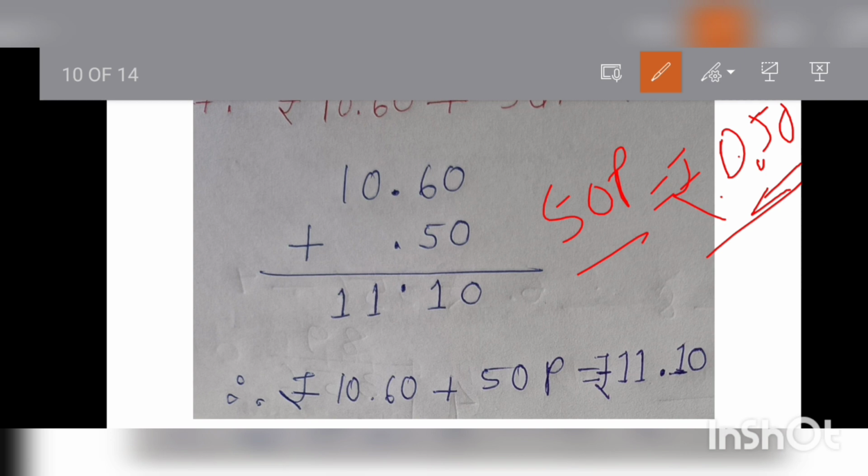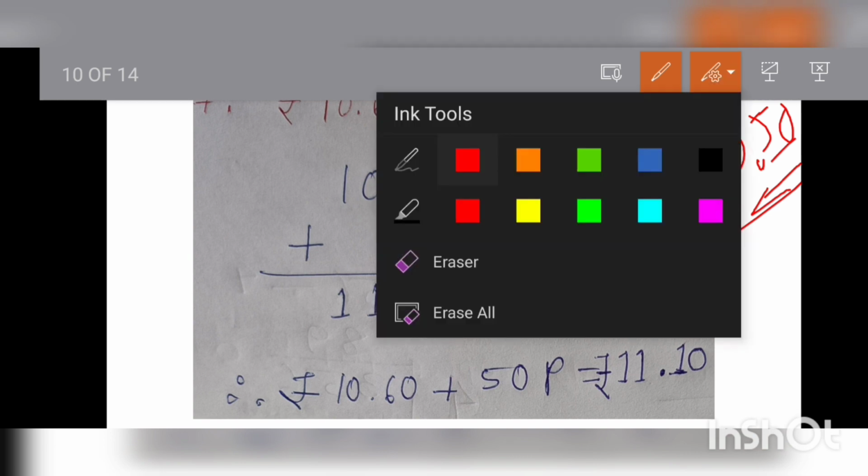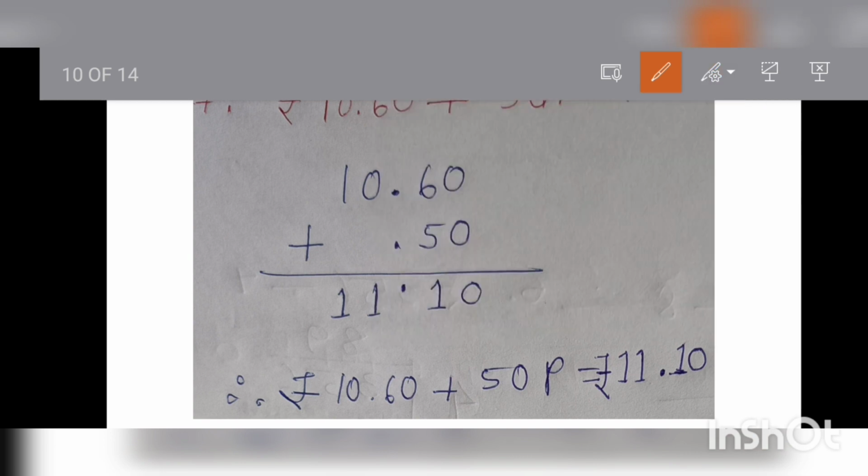Here 5 is the second digit. That's why we have to put the dot before 5. We convert this 50 paise into rupees because 10.60 is expressed in rupees.